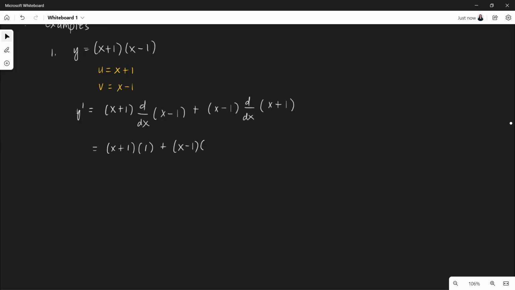So derivative of x is 1, derivative of 1 is 0, so we have 1 plus 0 or simply 1. Okay, so we have x plus 1 times 1 is x plus 1, and then plus x minus 1. So we have x plus x or 2x, and then 1 minus 1 is 0. So we have y prime is equal to 2x.